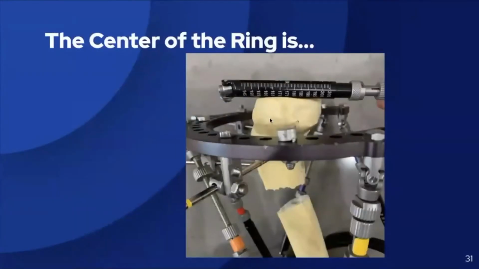and I made a model here, the center of the ring is right where this wire is, and then the center of the bone sits about 10 millimeters to the front of that wire. And so here I did a ruler with this Taylor spatial strut.